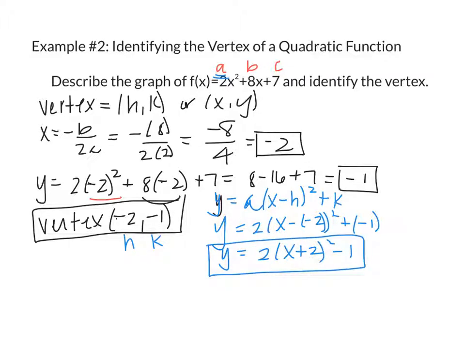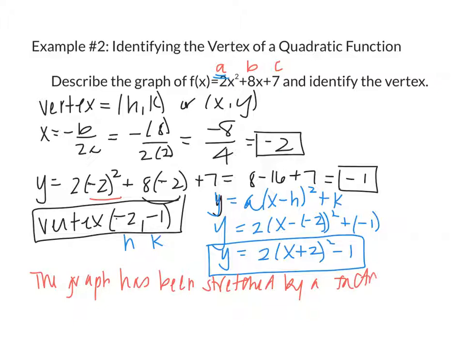That's our actual equation. And now to answer as far as a description, well, we can describe the graph now based off of the fact that we can see everything. So what we will say is the graph has been stretched by a factor of 2, and I know that because of the 2 in front.